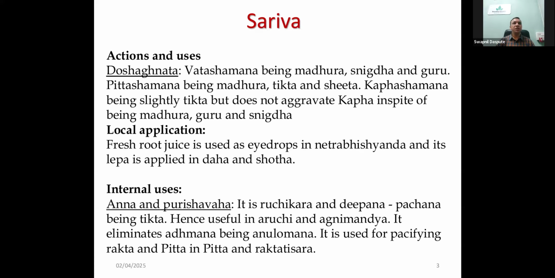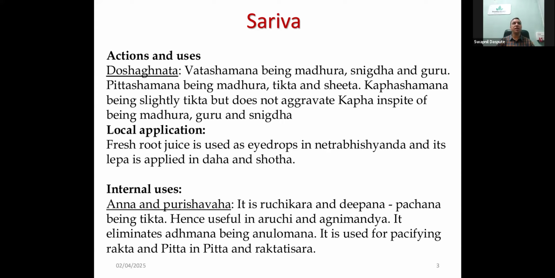Actions and uses, tridoshaghna, vata shamana, being madhura and snigdha and guru. So things which are self-explanatory, I would not emphasize more on, and I have tried to make sentences rather than just pointers so that it becomes self-explanatory and easy to understand. So Vata Shamana, how?